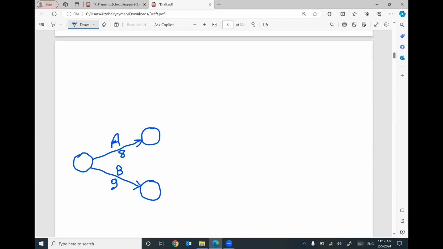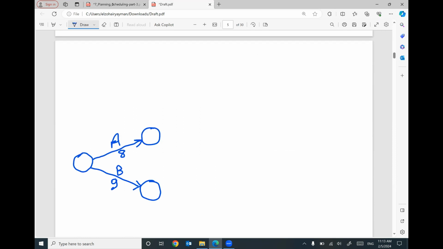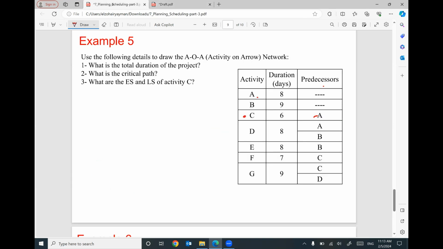What is next? Activity C has a predecessor A. So I can draw C like this, with the duration for activity C equals 6.